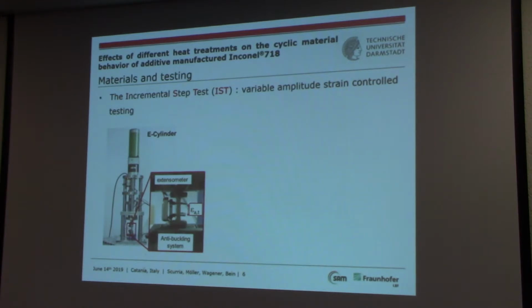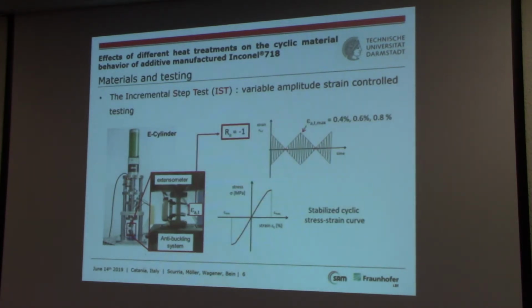The specimen is then enclosed inside an anti-buckling system, since a fully reversible cyclic loading is applied in our case, so R epsilon equals minus 1. We performed 3 tests for each configuration with 3 different maximum strain amplitudes, just to compare what happens when we increase the strain field.